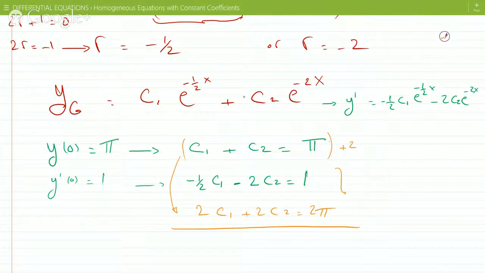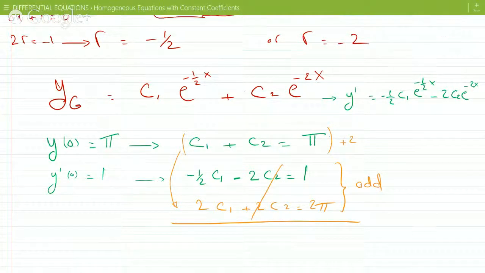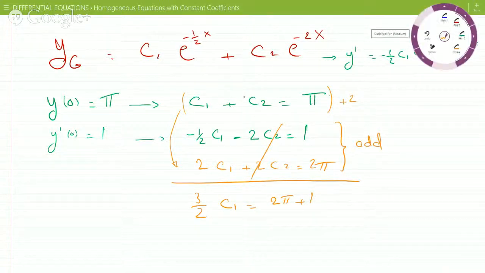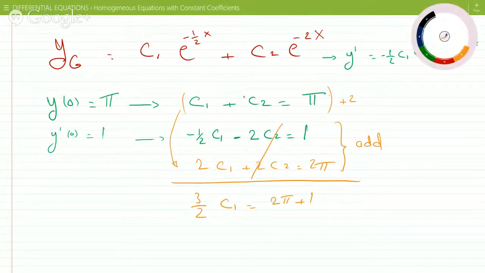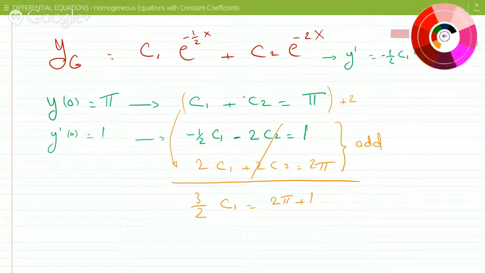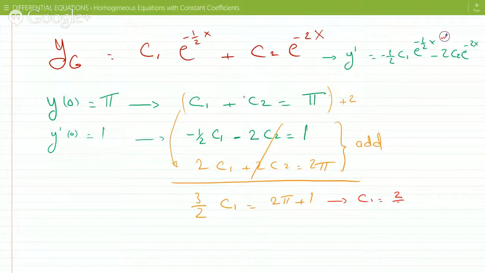And now we can add these two equations, where these two go away, and we get 3/2 C1 equals 2 pi plus 1. So that gives us C1 to be 2/3 times 2 pi plus 1.